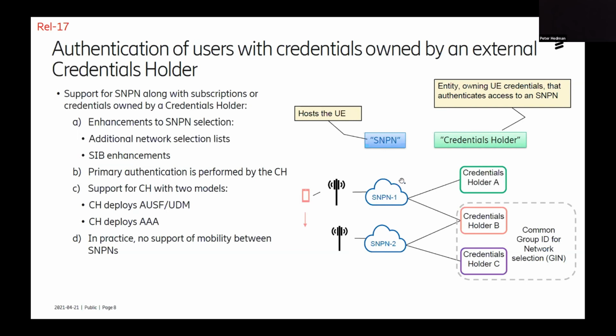So when you do authentication and security, you are using credentials from what we call a credentials holder. And these can be grouped as well when you discover these networks, so there are specific group identities used during network selection to ease finding the networks that enable this type of functionality.